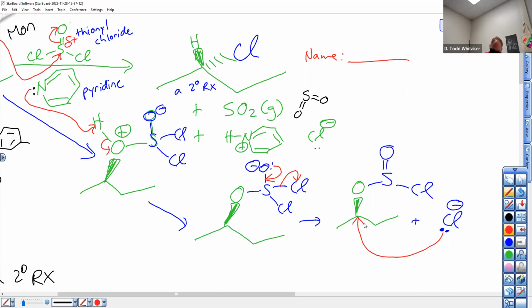Make it leave. There's no O in the carbon product. So clearly it has to leave. And it has to become what? Yeah, but tell me what to do with this. I didn't finish my arrow. A pi. Between which two atoms? O and S. What has to happen to the other Cl?